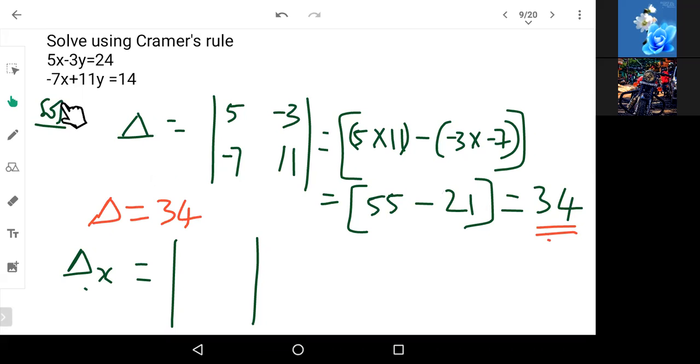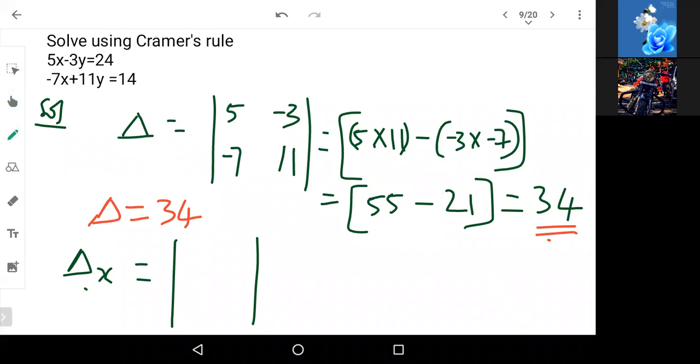Somewhere you're getting confused. Now, 5x minus 7x. So 5 and minus 7 are the coefficients of x. Now, when you're forming the delta x determinant, change the x here. Change the x to the constant.